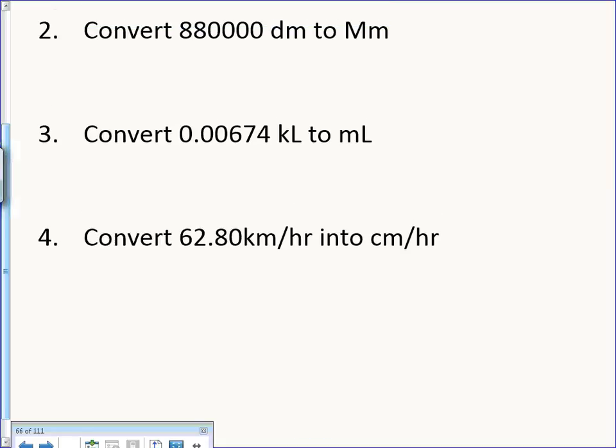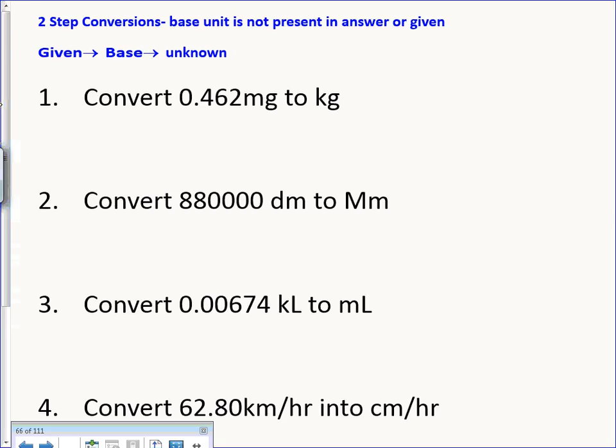This one right here, it says start with the base given, and it says go to base unit. Again, what are the 3 base units? Hold on, stop. Not milli. Milli is a prefix. It's not a unit. Meters, liters, and grams.